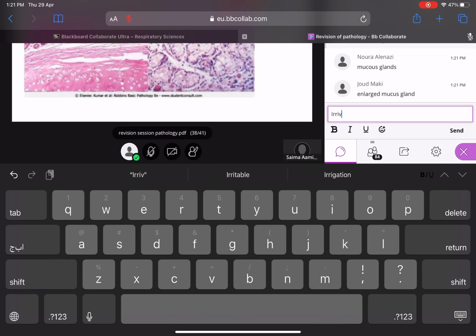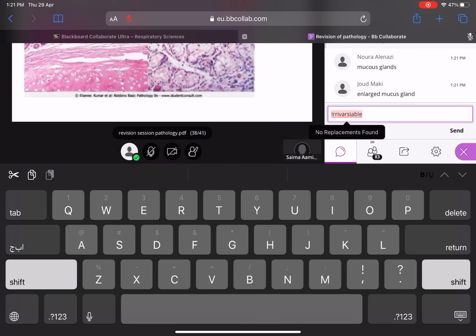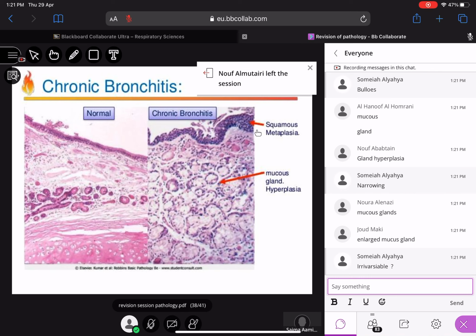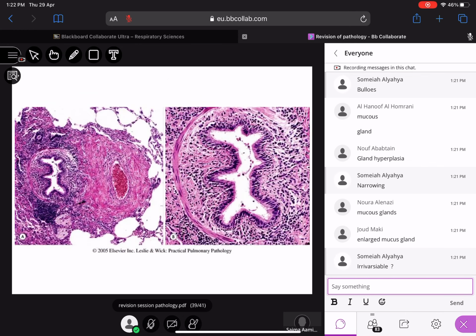This is the normal, and you can compare the normal with this abnormal one. And on the surface, with time, there is loss of goblet cells and there is squamous metaplasia. And we have seen in the lung cancer session that it can progress to dysplasia and carcinoma. It is usually irreversible.